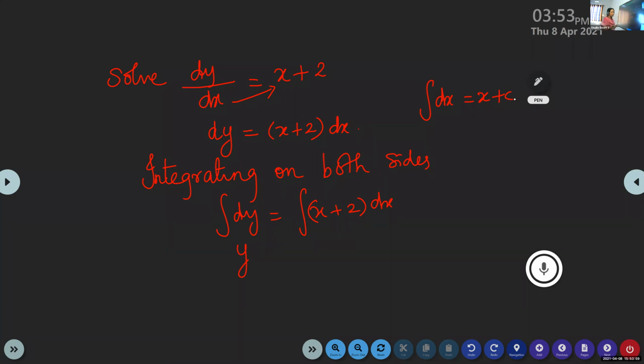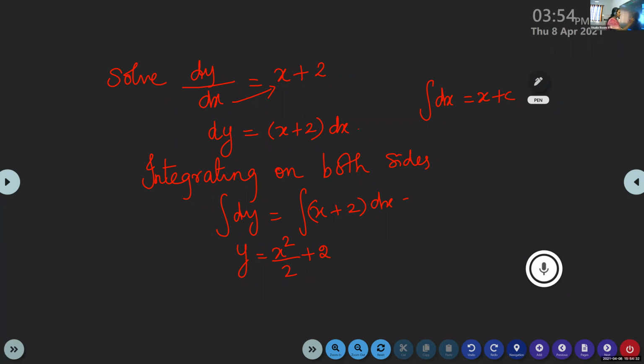So integral of dy is y. Is it okay, Aishwarya? Yes, ma'am. Is equal to... now, what is integral of x? Integral of x is x square by 2 plus 2 into, what is integral of 2?